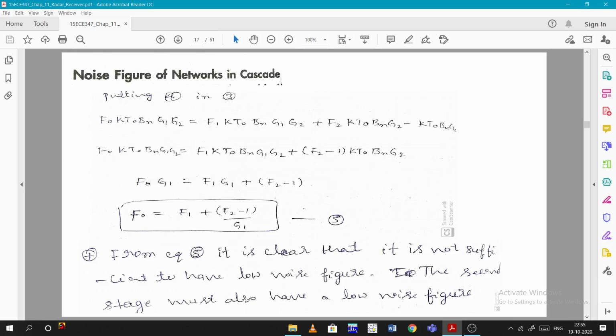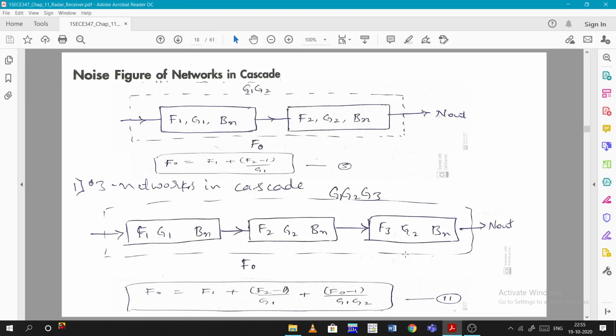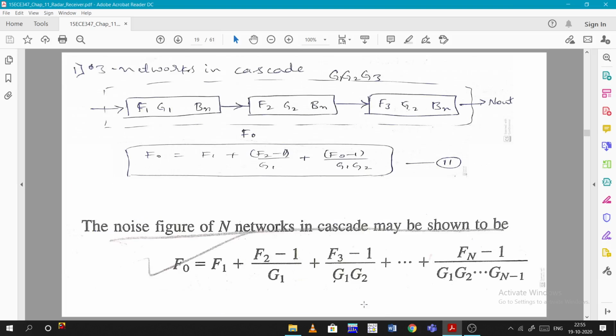In the same way for the third, there is no need of G3 to find F0. We just need F3 and the others. So we can write a generalized equation for n networks in cascade: F0 = F1 + (F2 - 1)/G1 + (F3 - 1)/(G1 G2) + and so on, up to (Fn - 1)/(G1 G2 G3 ... Gn-1). This is how we can write it.